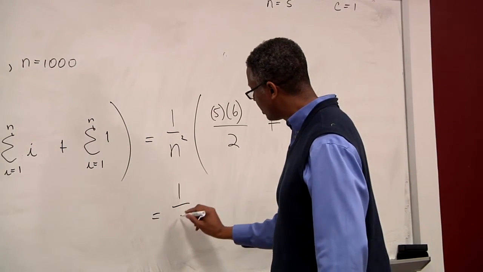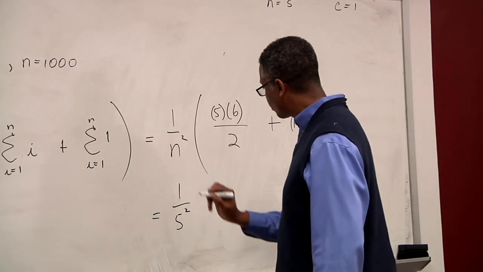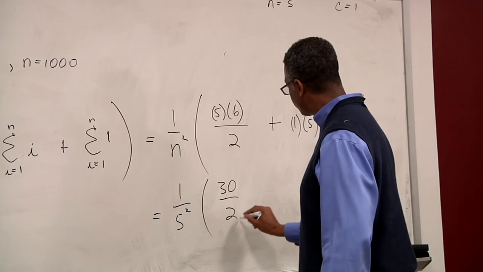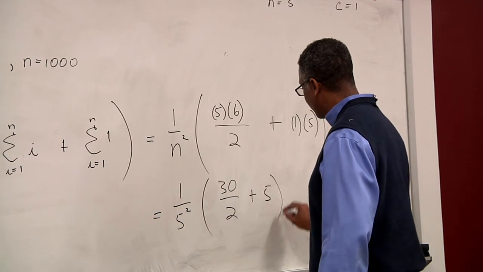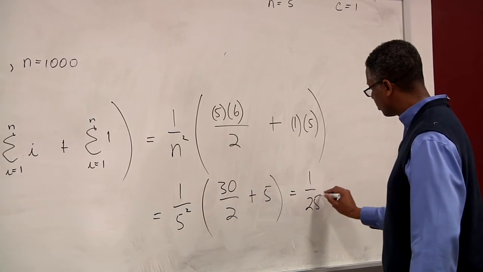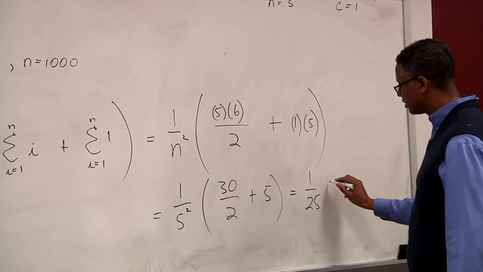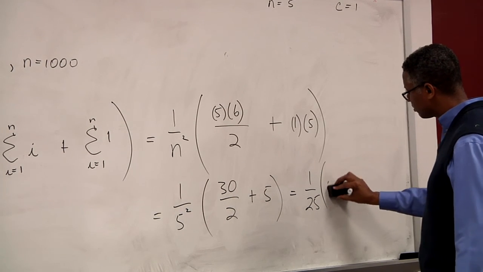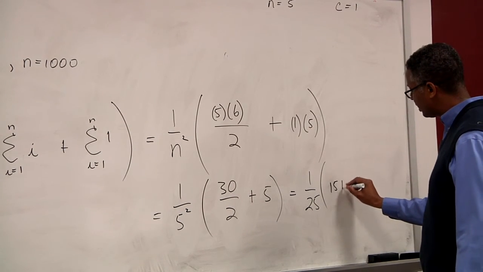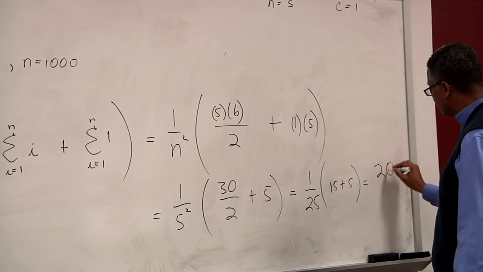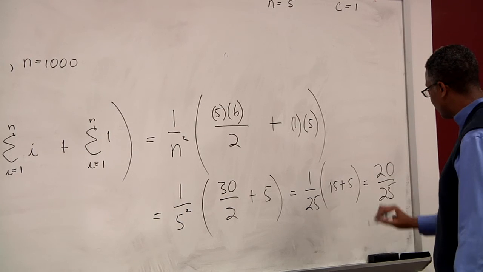And let's go ahead and finish solving this. So that's going to be 1 over 5 squared times 30 over 2 plus 5, which is going to be 1 over 25 times 15 plus 5, which will be 20 over 25.